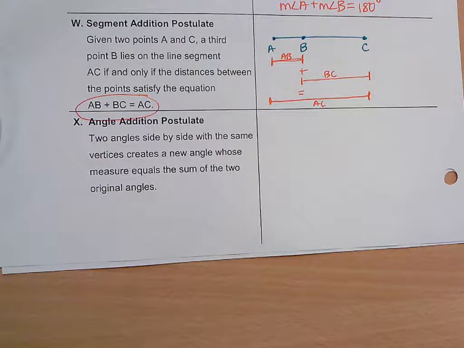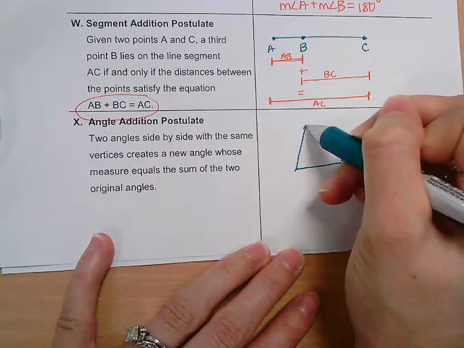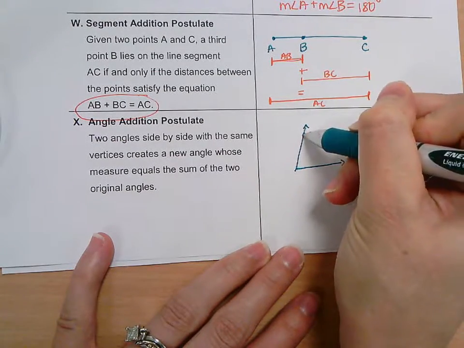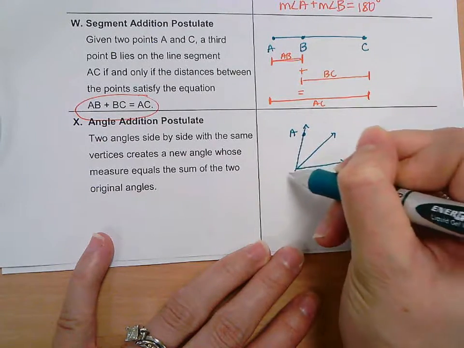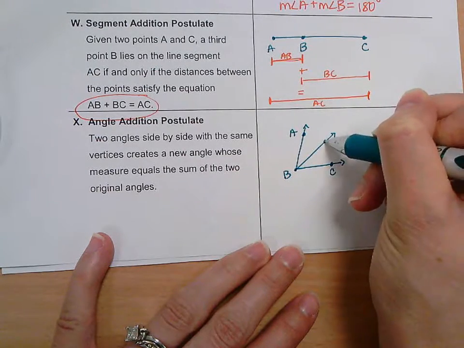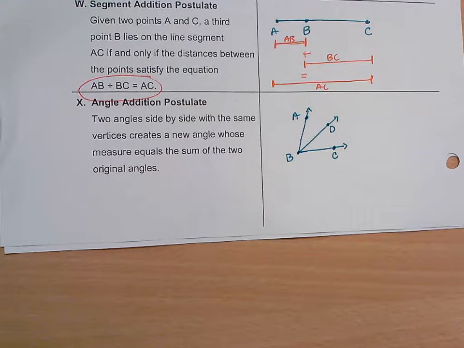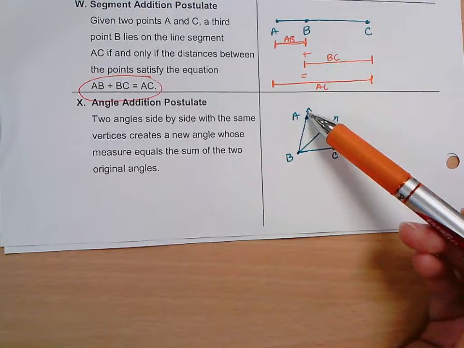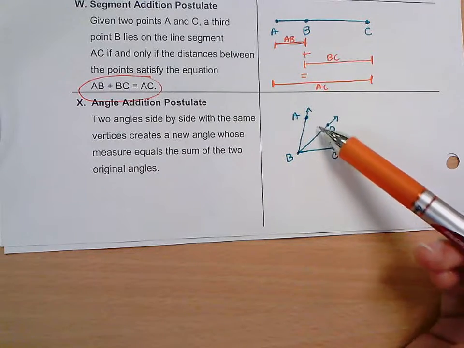Angle addition is the same idea, but I have to label this here, so I need another angle in there. Let's say this is A, this vertex is B, this is C, and I have a point D. My entire angle ABC is composed of two different angles.